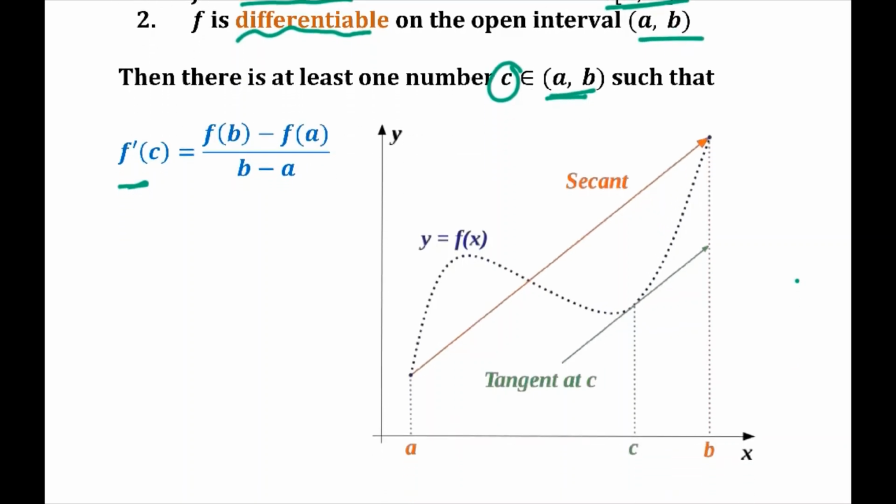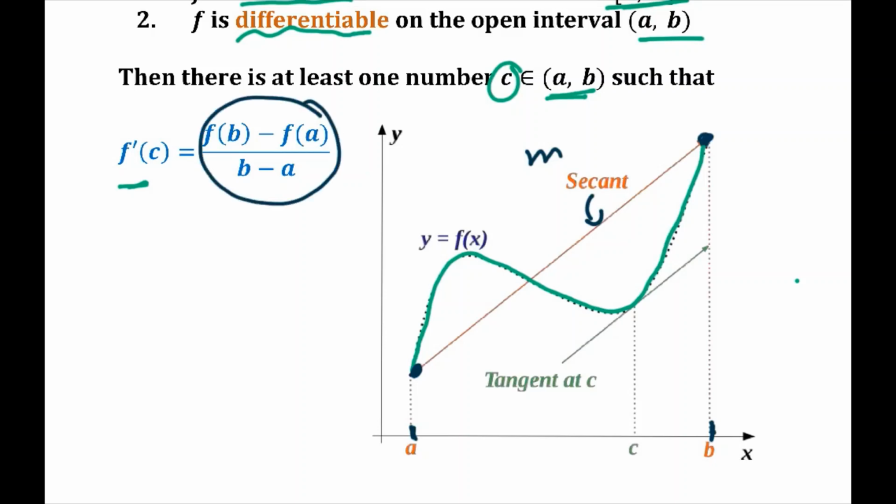By looking at this graph here, the function here, this is f(x). It's continuous over the interval from a to b and differentiable. Now, if I connect these two points, we are going to have a secant line. The slope of the secant line we can find, which is f(b) minus f(a) over b minus a, right?